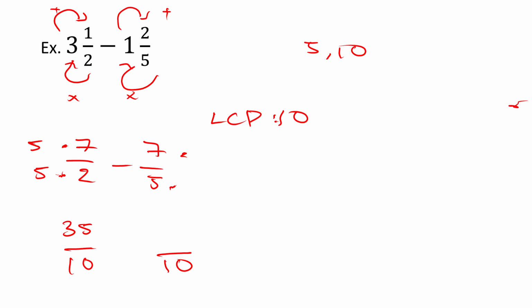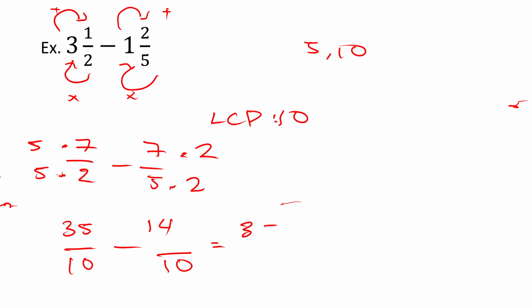The number we multiply to 5 should be 2. So we also multiply the numerator by 2. 7 times 2 is 14. 5 times 2 is 10. So now we have 35 over 10 minus 14 over 10.